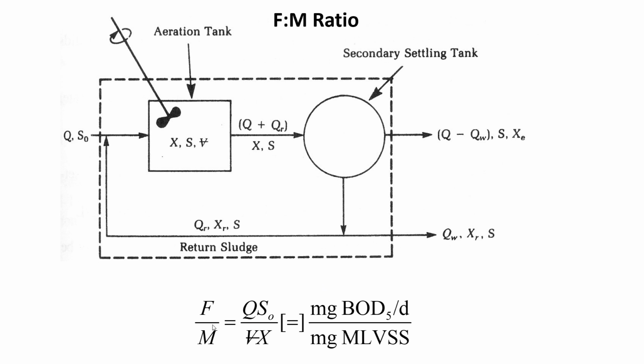And then the denominator, the microorganisms, is the volume of the aeration basin multiplied by the concentration of mixed liquor volatile suspended solids. And so that gives you the mass of mixed liquor volatile suspended solids. If you've got the concentration multiplied by the volume, it gives you the mass. So food to microorganisms ratio is calculated using this formula.